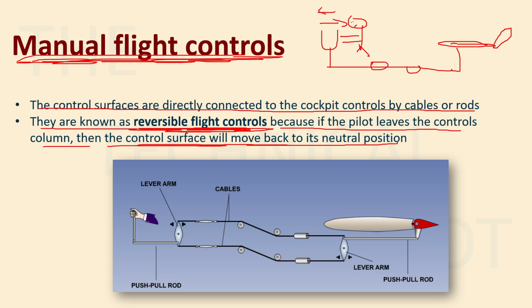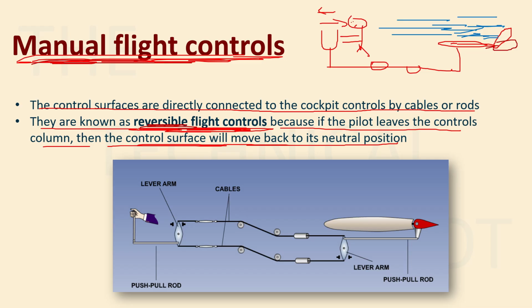Why? Because the airflow that is hitting this control surface is so powerful that it will deflect the control surface back to its neutral position if the pilot decides to leave the controls, right? So this is what a reversible flight control is. As the pilot leaves the control, it comes back to its original position.